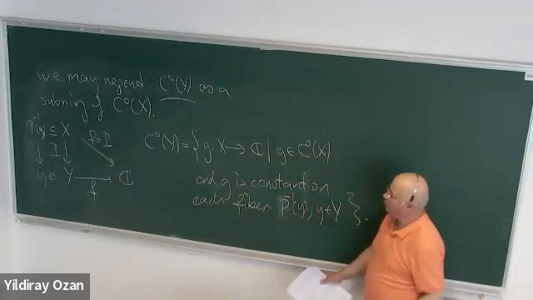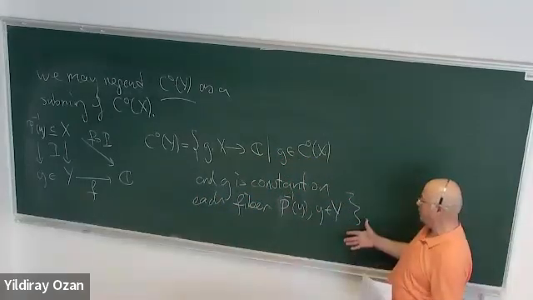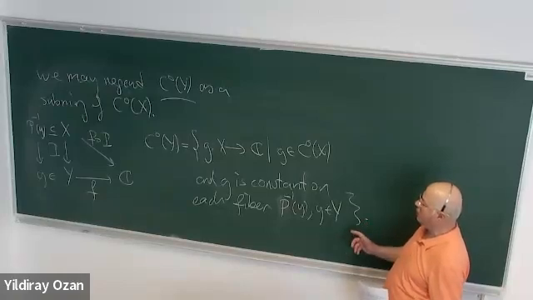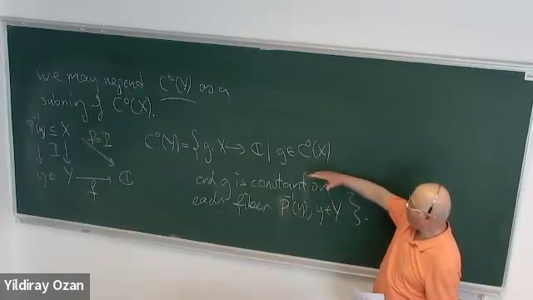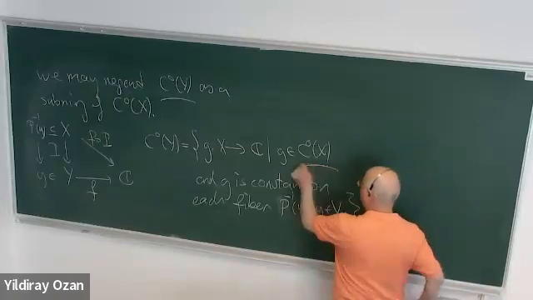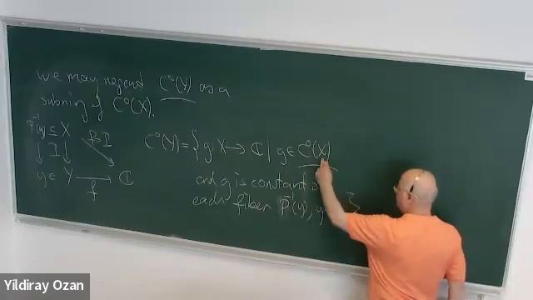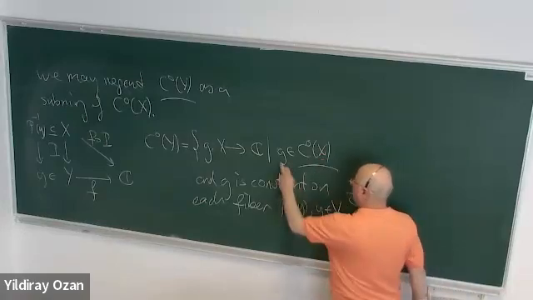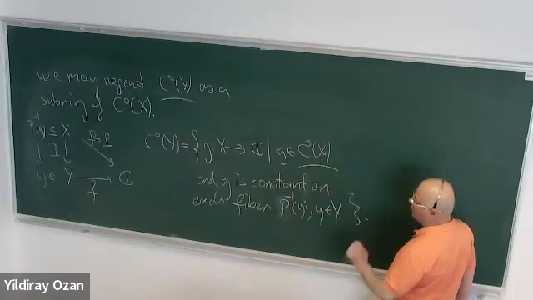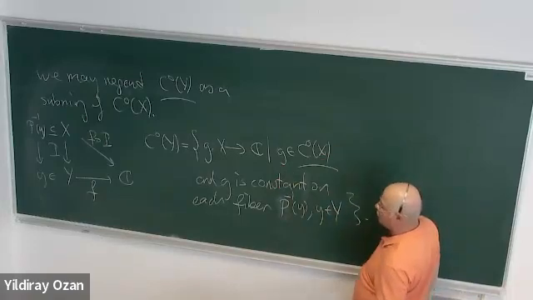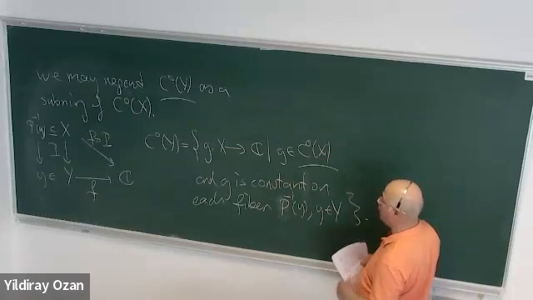So I can regard this subring as the elements of C0 X so that it is constant on each fiber of the projection map p. Okay.